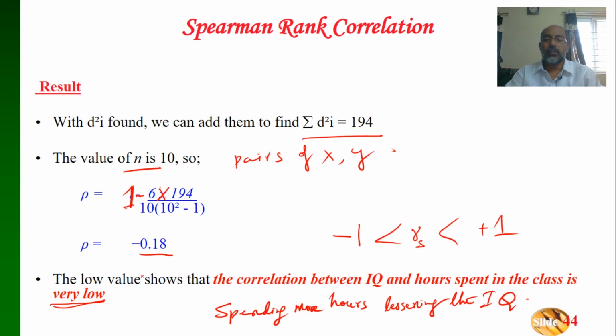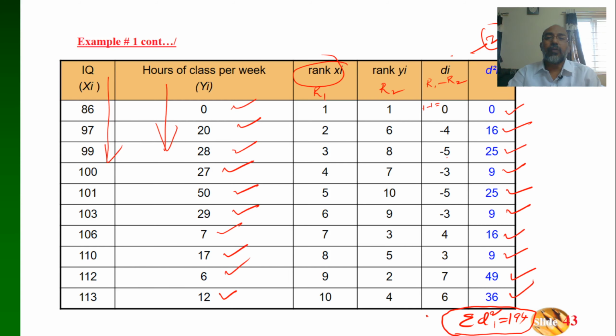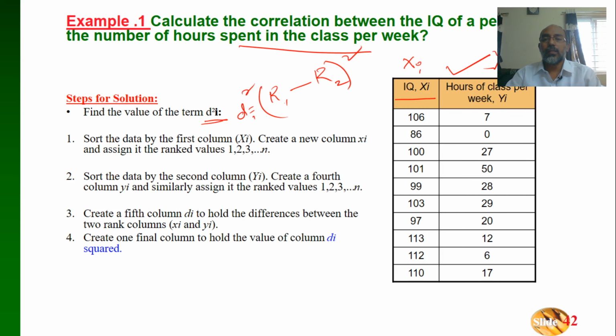If you want to repeat once again, in the data given in two lines, the IQ is mentioned as xi, and the hours a student spent in the class is y.